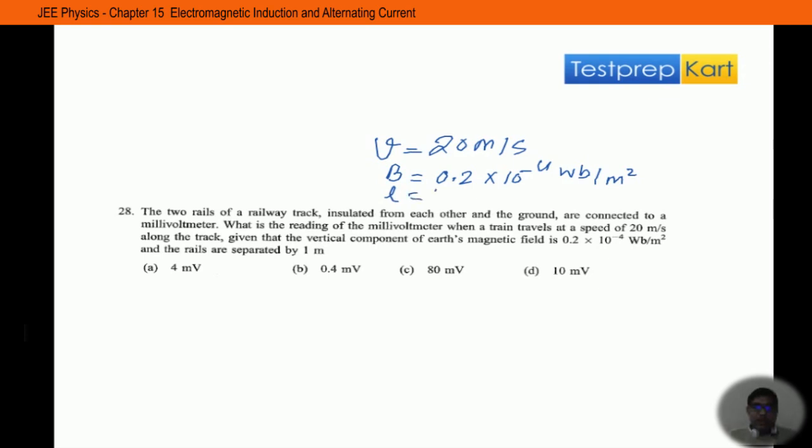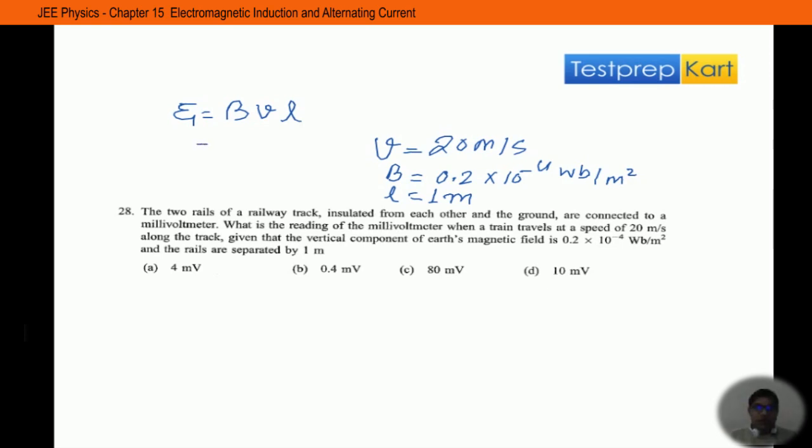Again, this is a phenomenon where a conductor is moving in a magnetic field, and due to the motion of that conductor through the magnetic field there will be an induced EMF. We already know the relation for induced EMF: B into V into L. We substitute all known quantities, 20 into 0.2 into 10 to the power minus 4.